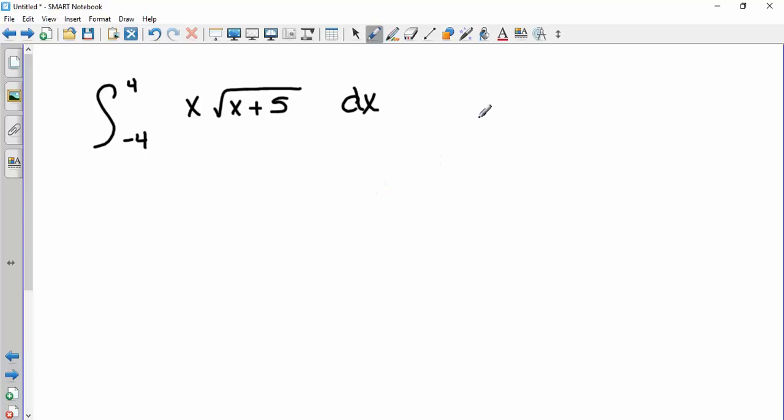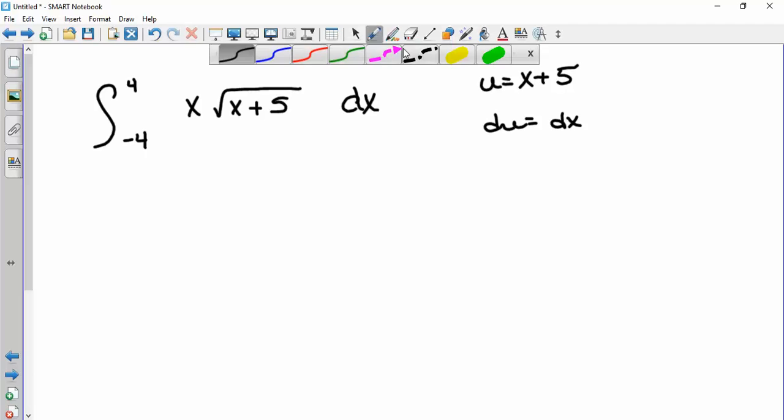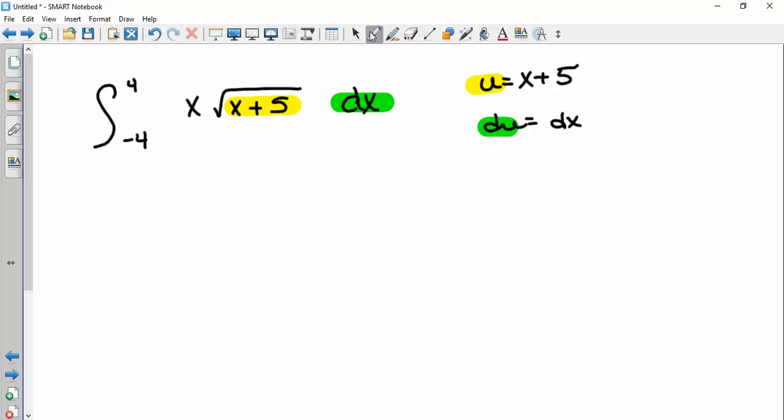All right, so my u would be x plus 5. So du would just be dx. So this will get replaced with the u. My dx is just getting replaced with a du. We still have this x out in front, so I will solve for x here. So u minus 5 will replace my x.